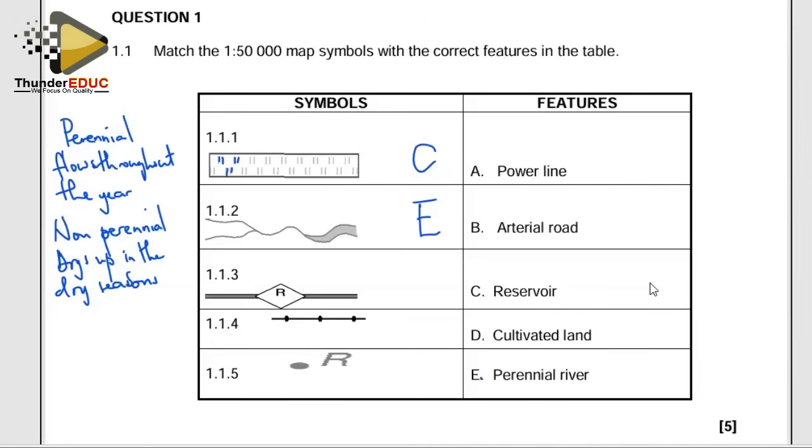The symbols for those two different types of rivers, a perennial and a non-perennial, also tend to differ. A perennial is marked by a solid continuous line. If it's a wider river, it is shown by a completely solid blue shape. That is perennial. But non-perennial in this instance is shown by broken lines.